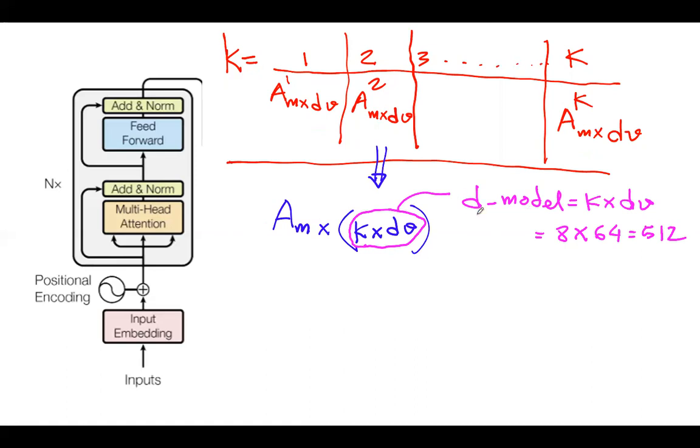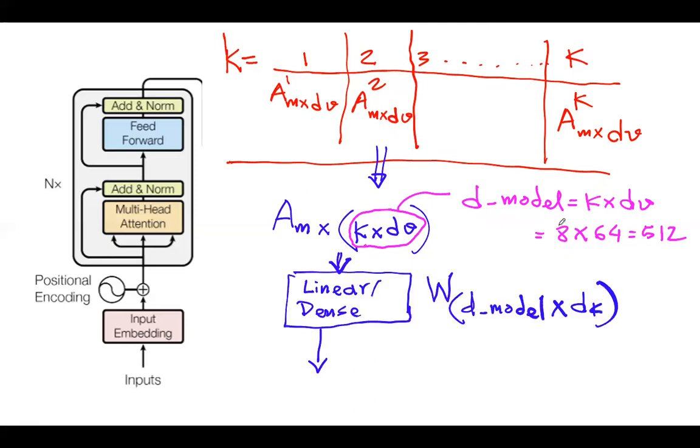And the good old traditional paper used K equal to 8 heads, and 64 as d_v. Together, we have a 512 dimensional d_model, right? Just to give you some concrete numbers to understand what are the typical standard numbers used in that particular case. Then what you do here is you pass it through a linear or dense model.